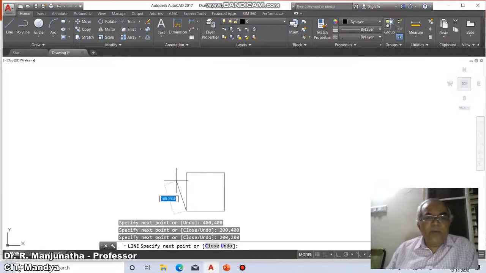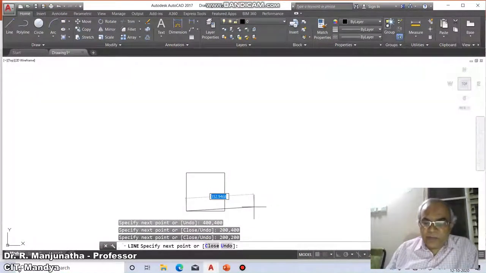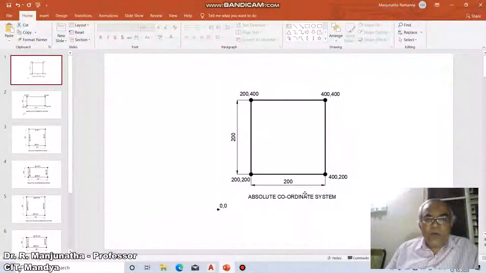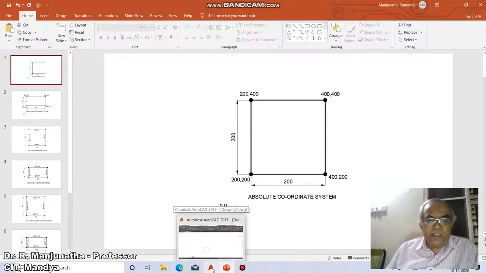Now we have completed the square. Still it is asking you to specify next point or close or undo, so you just give a null return to terminate the command. This is how you create a 200 mm square by using the absolute coordinate system.